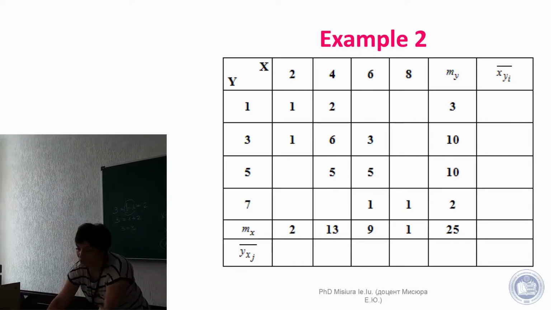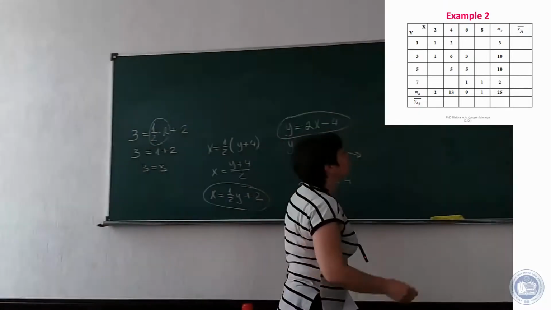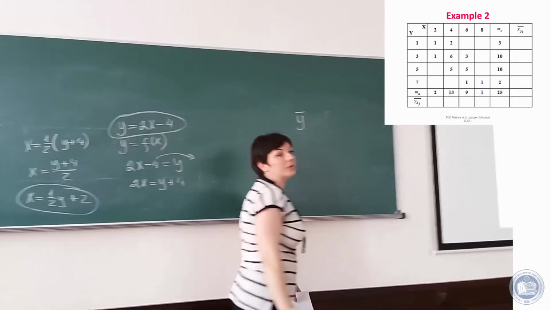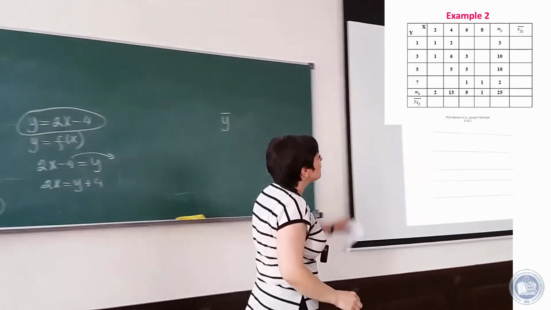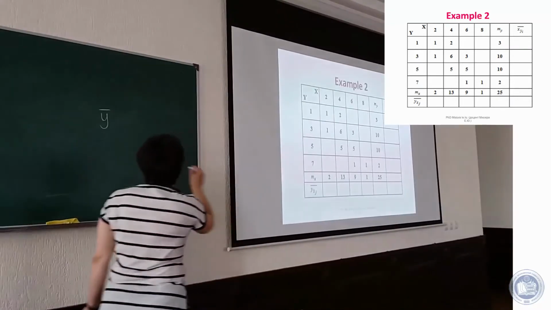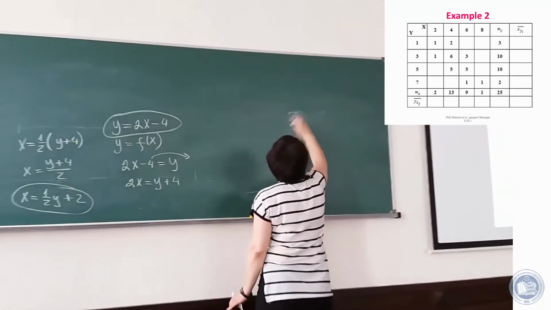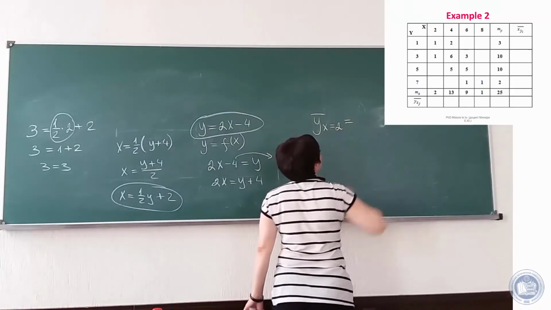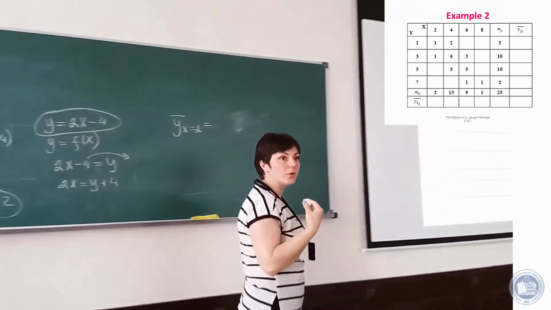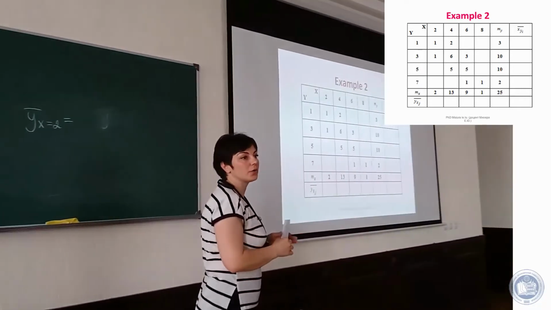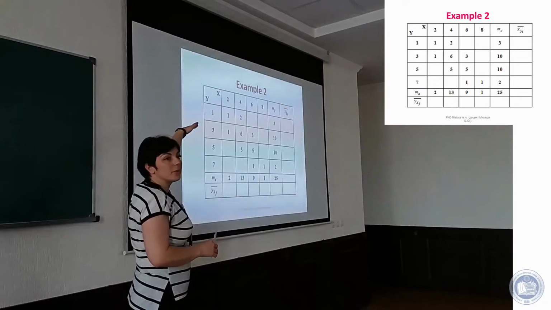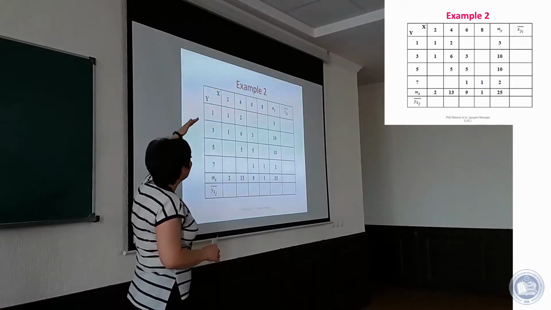Okay, let's continue. And now, students, let's find the first conditional mean. How to find? Let's take the first value of x. The first value of x equals 2. Students, if x equals 2, how many values of y do you have? If x equals 2, y can be 1 or 3, yes?